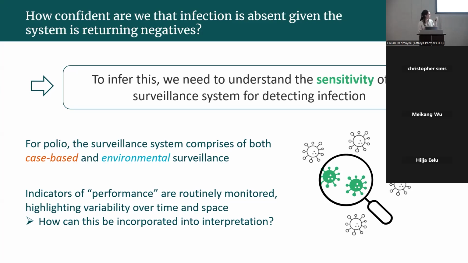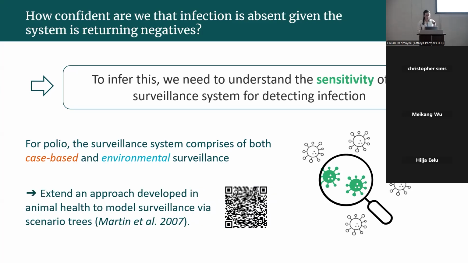So knowing that this heterogeneity exists, we clearly can't interpret the positives and negatives observed in different places and at different points in time as conveying the same amount of information about underlying presence of infection. So what we want to do is to incorporate this information about variability in performance into our interpretation of the negatives that we've observed in this near elimination setting.